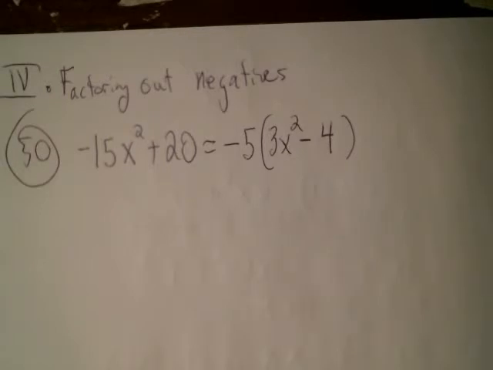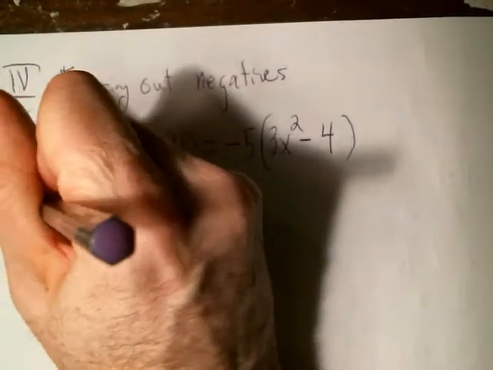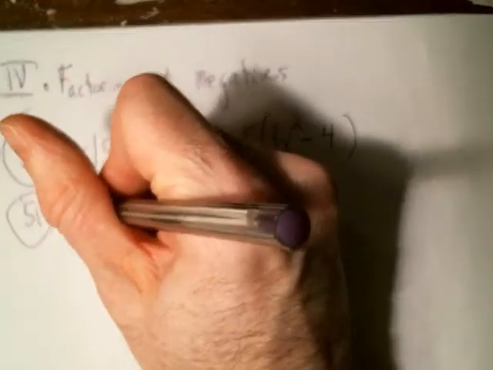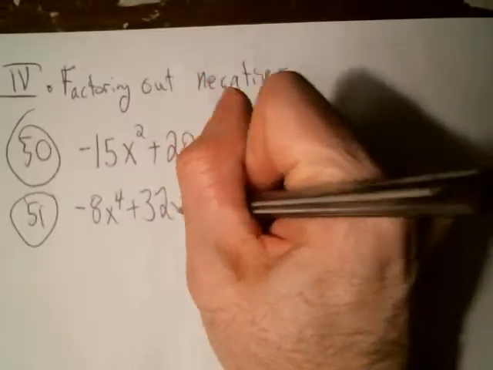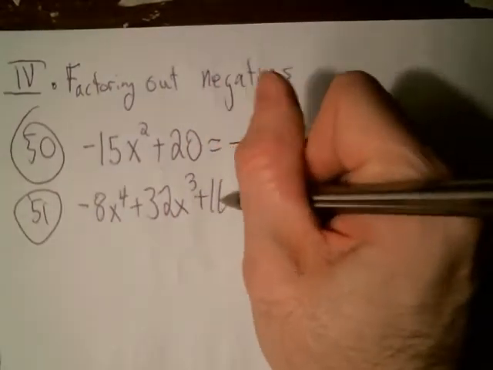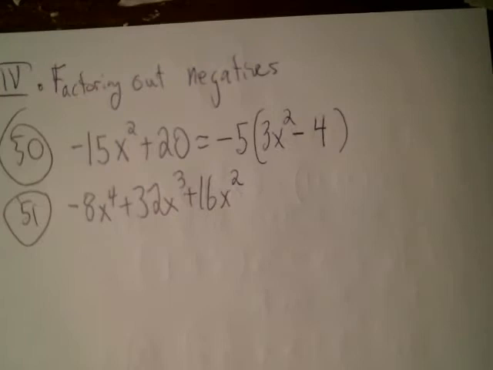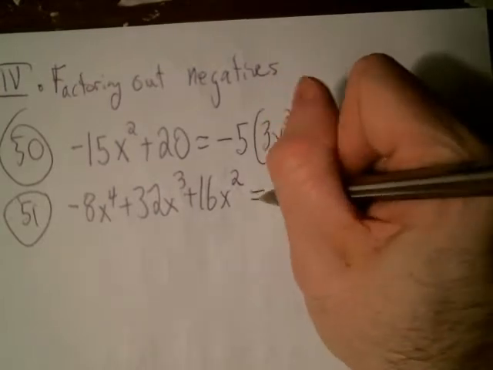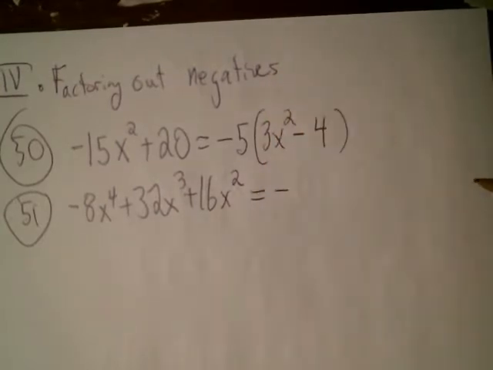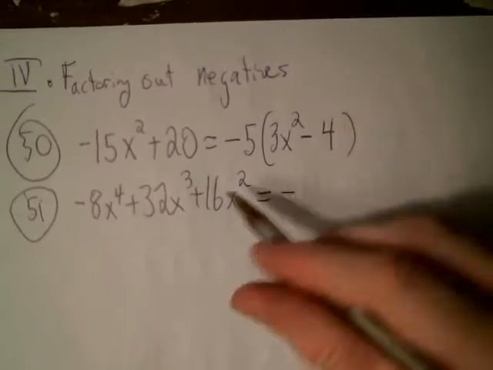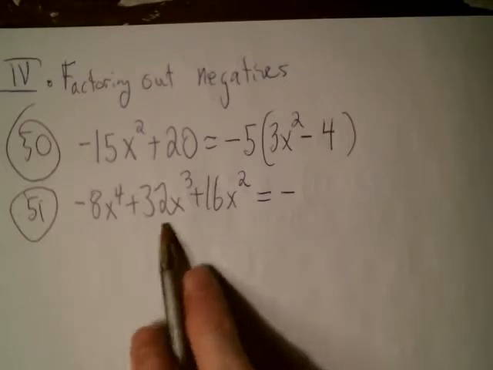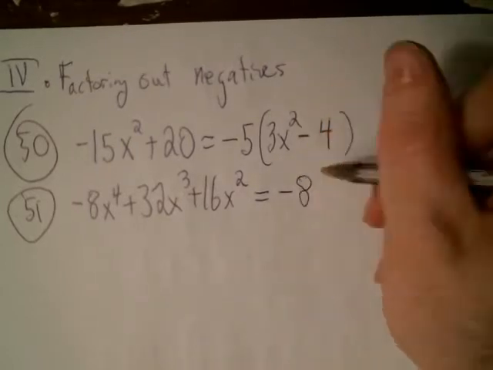Okay, let's try one more. I got negative 8x to the 4th plus 32x cubed plus 16x squared. Again, this is one of these factor out the negative problems. So I'll pull a negative out, and then what's common to all three? I think 8 will divide into all 3 of them.